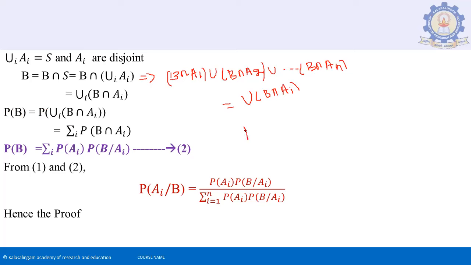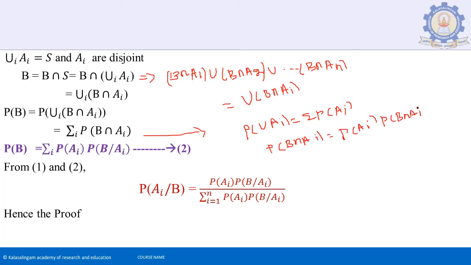We know that the probability of a union of disjoint events equals the summation of their probabilities. Then P of B equals the summation of P of Ai into P of B given Ai. This equation came from conditional probability.